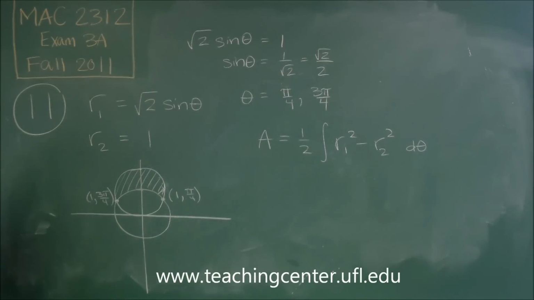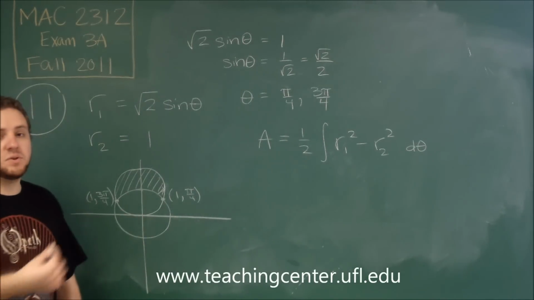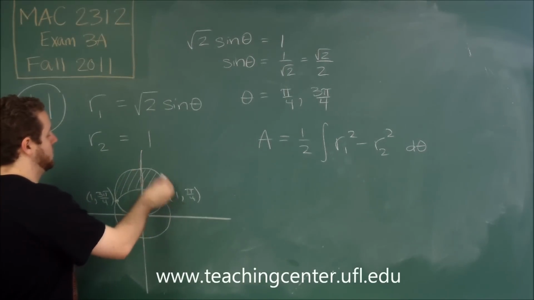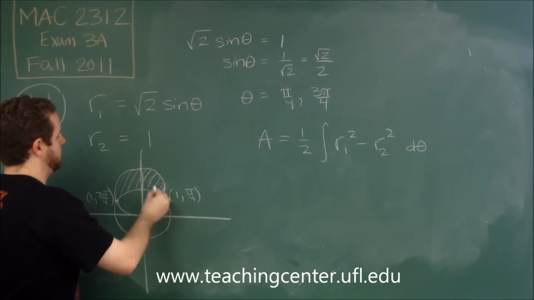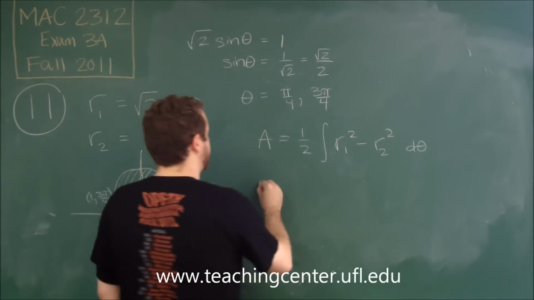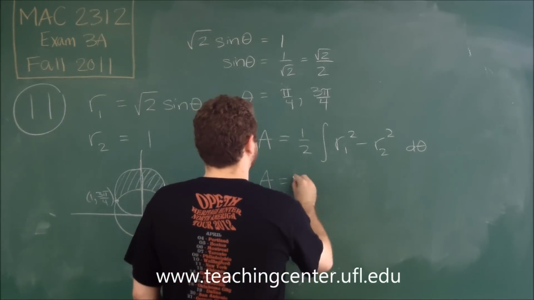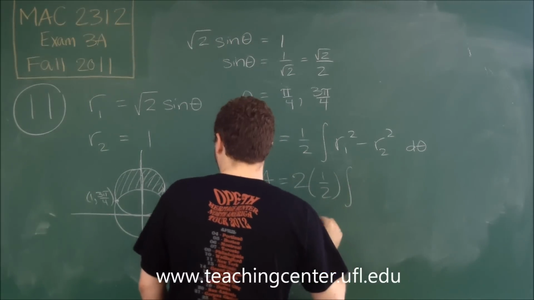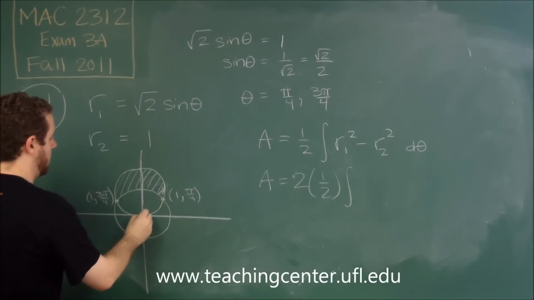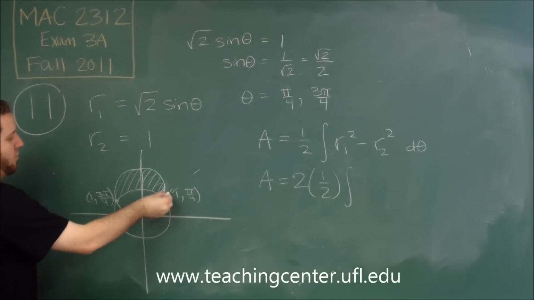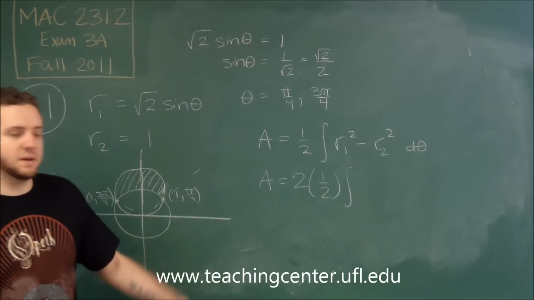However, there is a little bit easier way to do this. Because these are circles and this is symmetric, we could just stop at pi over 2, get the area of this part, and just double it, because it has to be the same. So let's do that instead. So instead, our area is going to be 2 times 1/2 the integral, instead of going from pi over 4 to 3 pi over 4, let's go from pi over 4 to pi over 2, since we're doubling it.